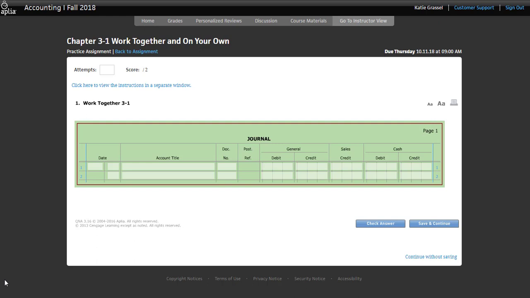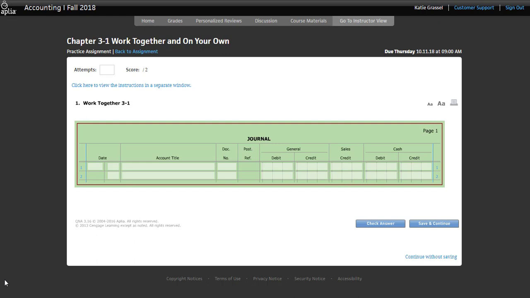Then we have another column here, and this is for the date. When we did our mastery problem or our test, a transaction said it was March 3rd, so you put in parentheses 3 to indicate the date. What we'll do is put the date right here. Every transaction has to have a date.